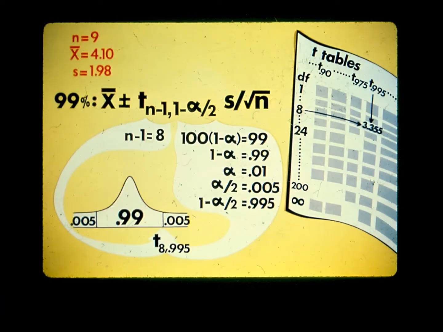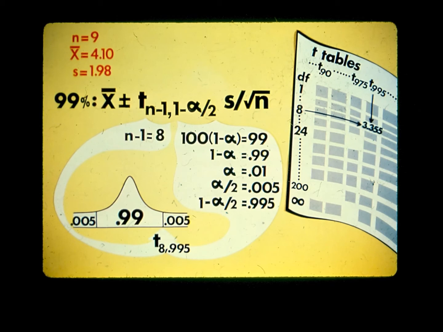To obtain a 99% confidence interval for mu, we again repeat the information at the top and the general formula below it. Here we find the multiplier t sub n minus 1, comma 1 minus alpha over 2 by first finding its subscripts. Since n equals 9, our first subscript is n minus 1 equals 8.